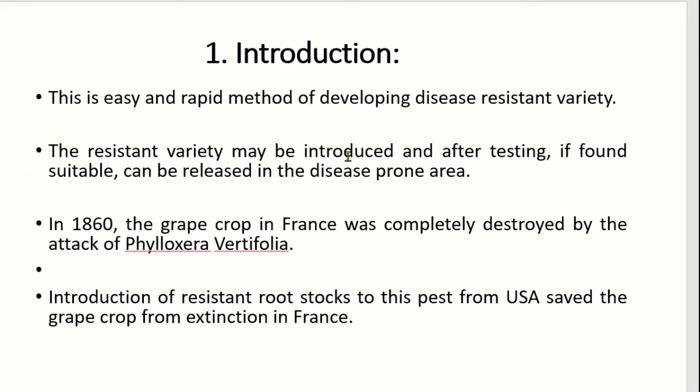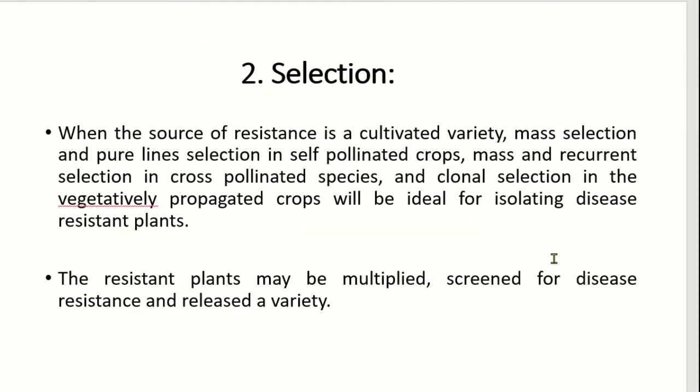We can introduce a resistant variety and acclimatize it in the new environment, or a parent which can be used to transfer the gene into the cultivated ones or the cultivar. So either of these two things can be done: primary introduction and secondary introduction.